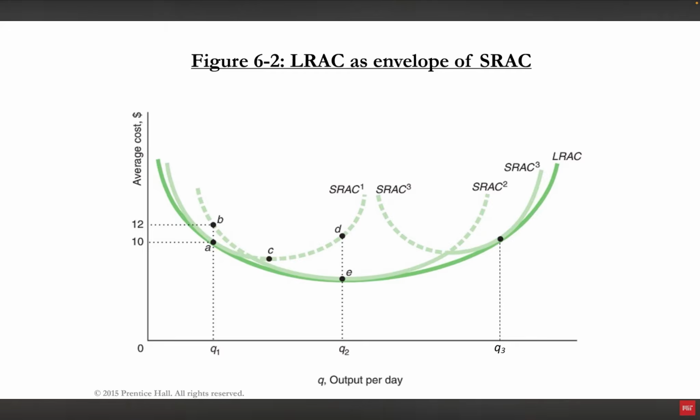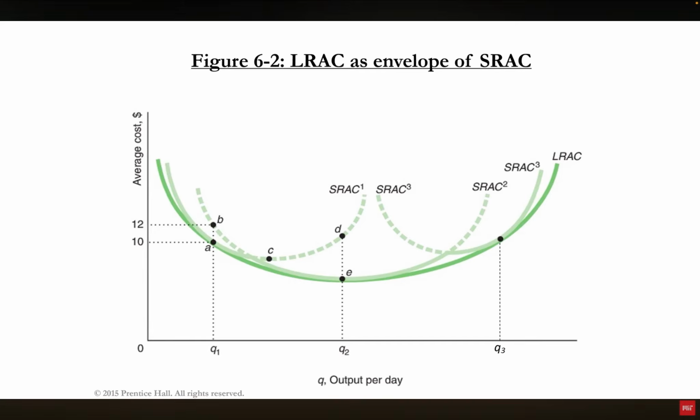Okay? So in other words, if the firm wants to produce the amount little q1, the most efficient K-bar to choose is the K-bar that yields SRAC1. Right? If the firm wants to produce little q3, the most efficient K-bar to choose is the K-bar that yields SRAC3.